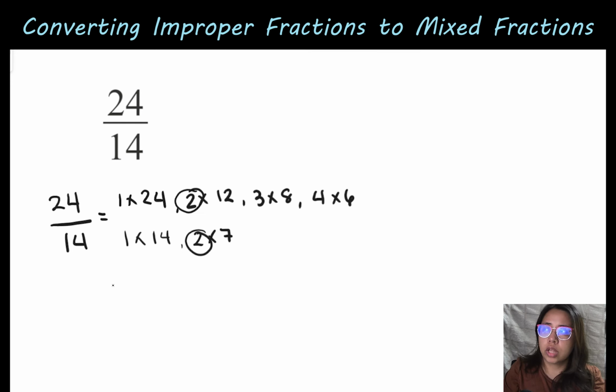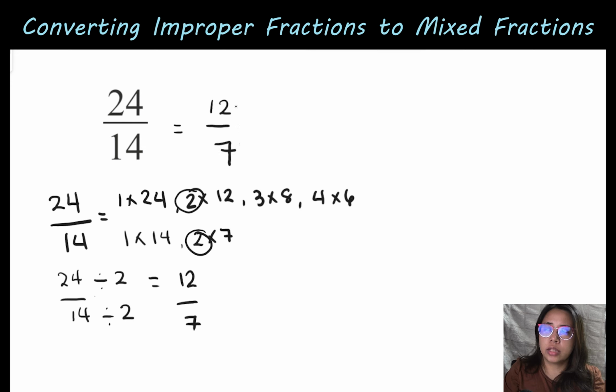Tapos, i-divide natin siya sa 24 and sa 14. So we have 24 divided by 2 and 14 divided by 2. So we have 12 over 7. Okay, so 24 over 14 is 12 over 7.